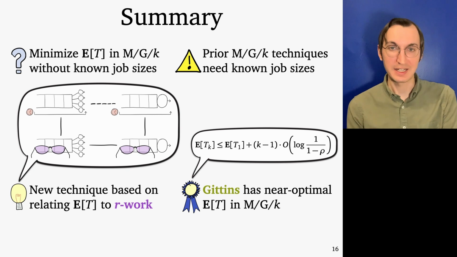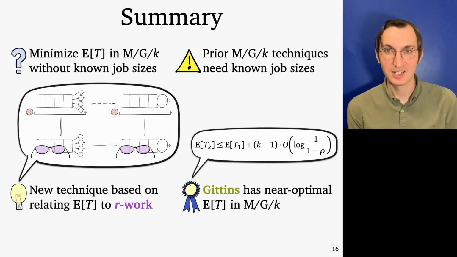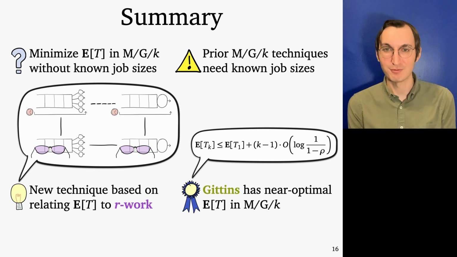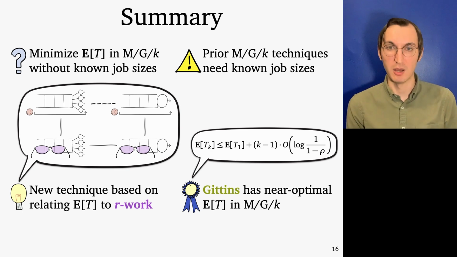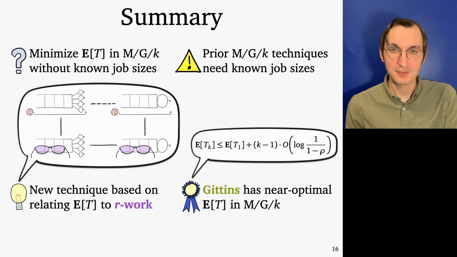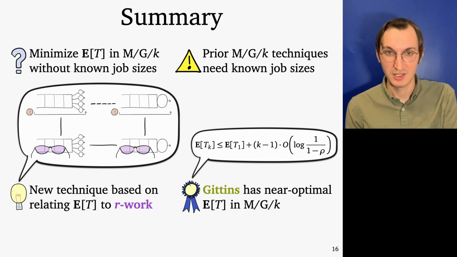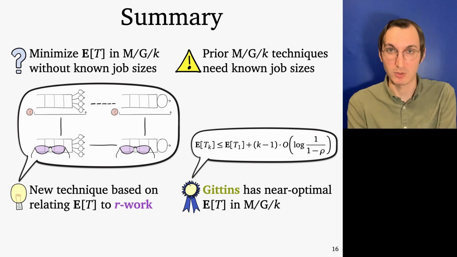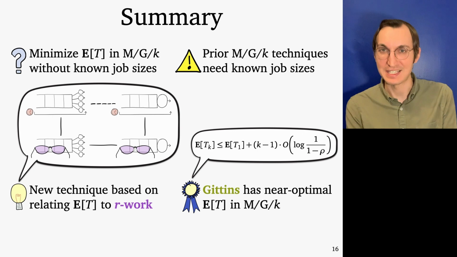So that concludes the main portion of my talk. I'm going to conclude with a few comments about future work. One reason I'm really excited about this paper is that the key steps, those two key theorems in the box, the vertical edges and the horizontal edge, neither of them is very specific to the systems we talked about in this paper. So for example, that vertical edge going from mean response time to mean R work holds in basically any queueing system.